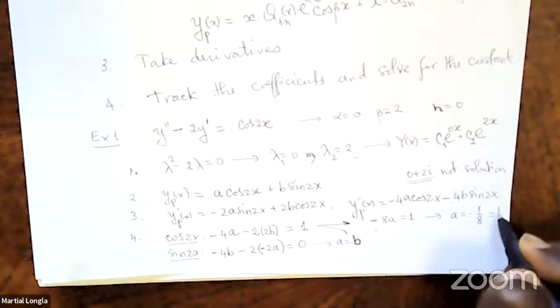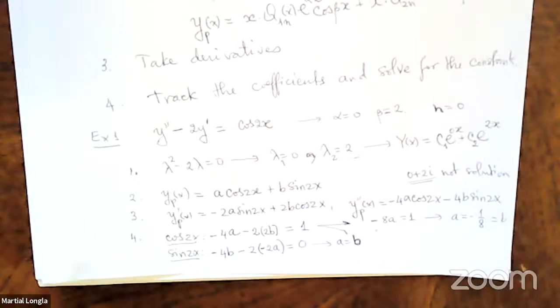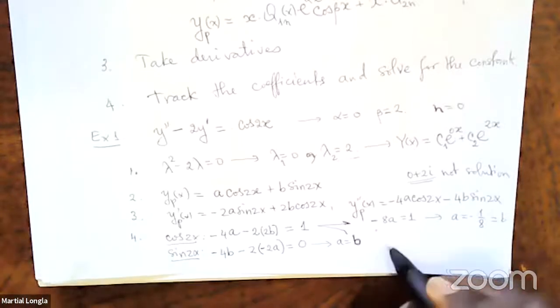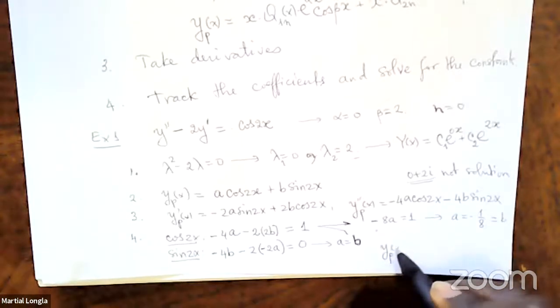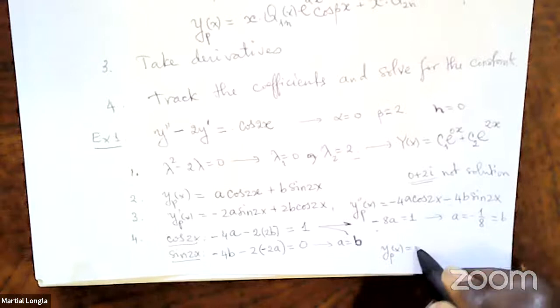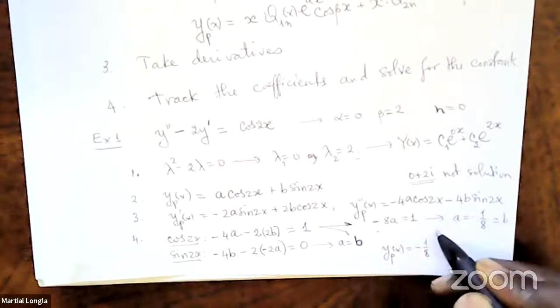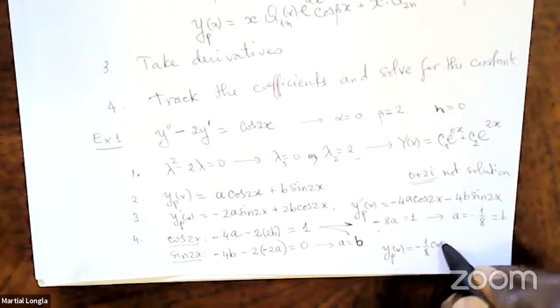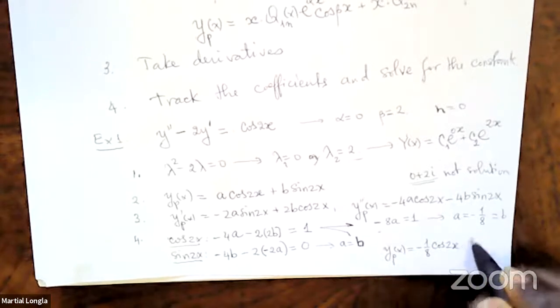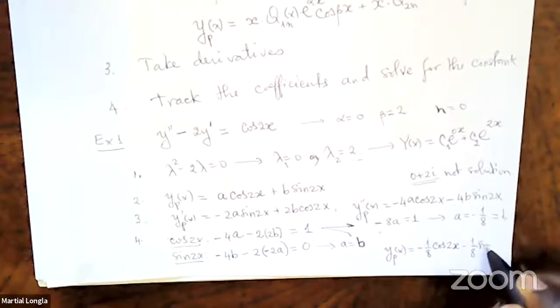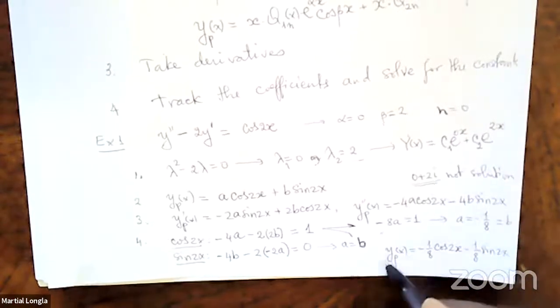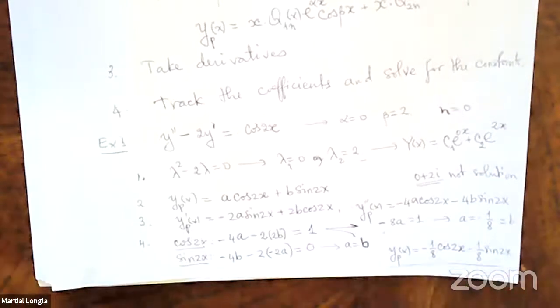And a is equal to b, so they are. So in this case, you got yp of x equals minus 1/8 cosine 2x minus 1/8 sine of 2x. That's it. That's the particular solution of the problem.